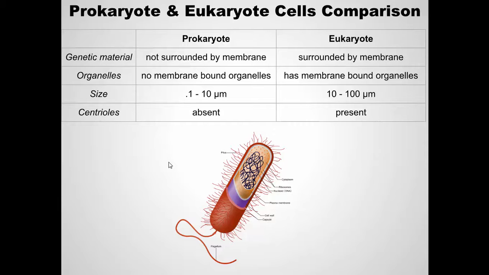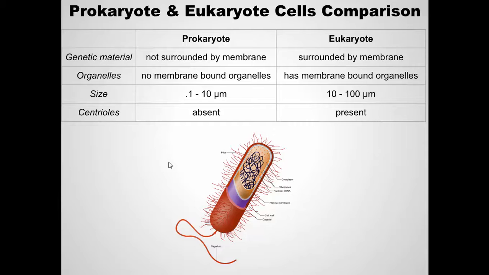Eukaryotic cells have a nucleus, that's a membrane with pores in it, and the chromosomes are located there. In bacteria and archaea, the DNA is within the cytoplasm, usually in a certain area that you can see, but it's there. Prokaryotic cells also don't have membrane-bound organelles.